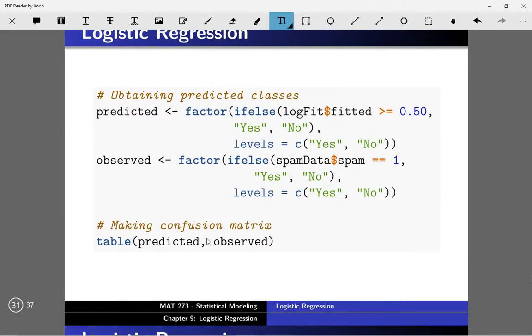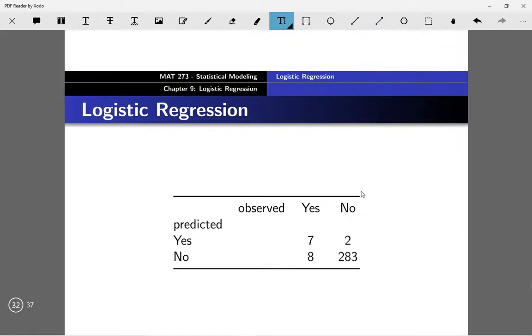And making a confusion matrix to see how well it did on the data set that we just fit it to, we can see it actually detected some of the emails that were spam. So out of the 15 total emails that were spam, the logistic model detected 7 of them. So 7 out of 15 times it correctly caught a spam email.